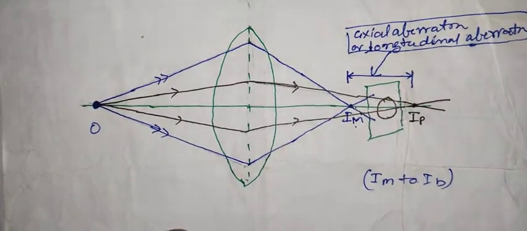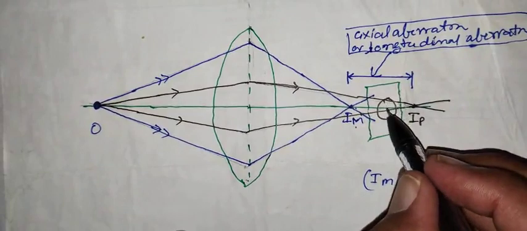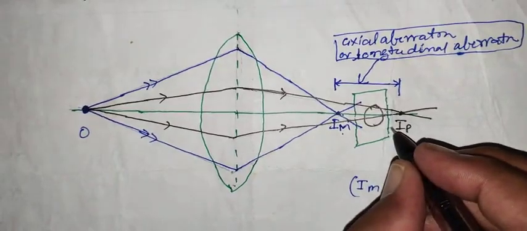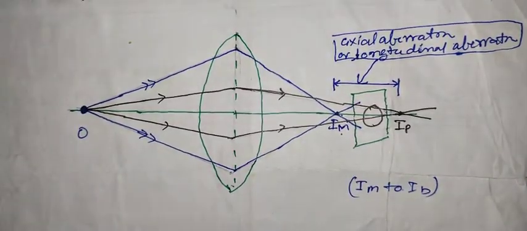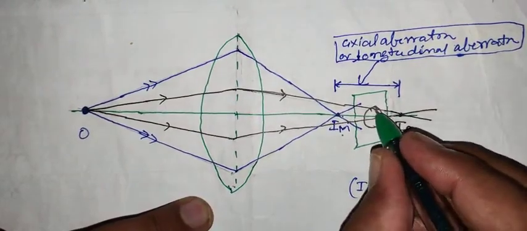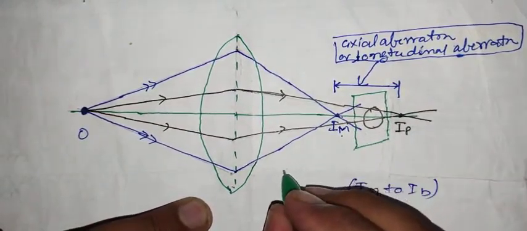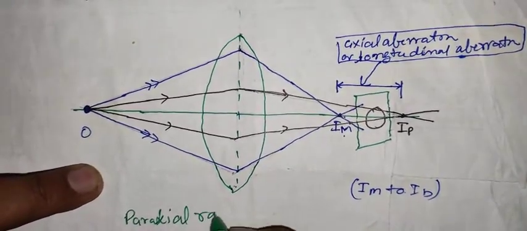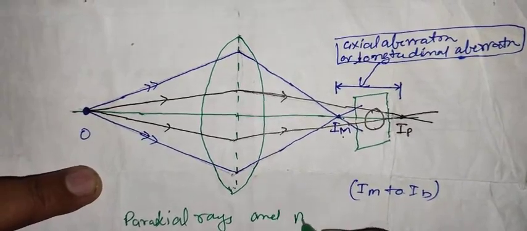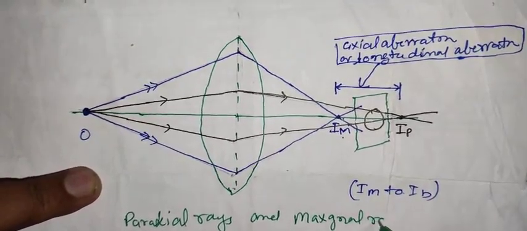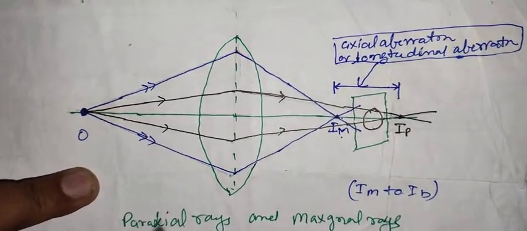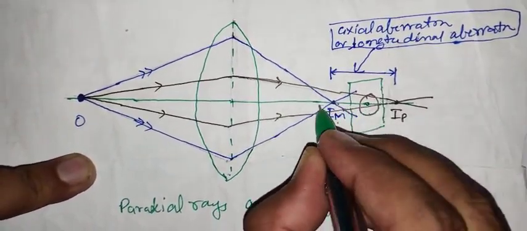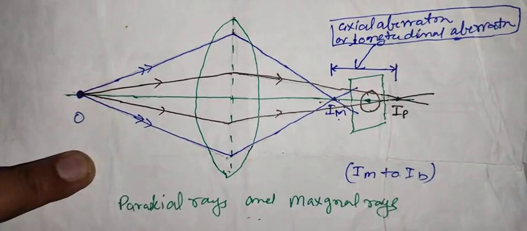The place where it has a minimum size, in that condition, the paraxial rays and marginal rays cross each other.